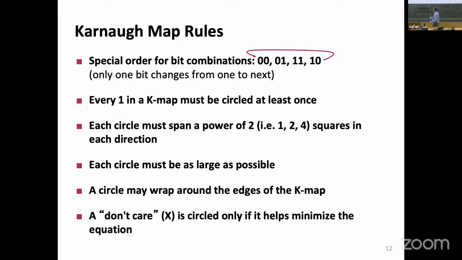Okay. Now, this one is quite funny because you can do a lot of things. The first one that you should realize, one of the cheatings that we do, is that you have to imagine that this guy wraps around. So I can actually take this guy with this guy.